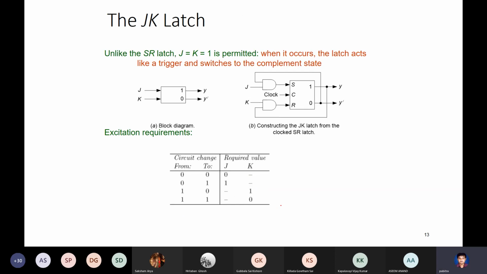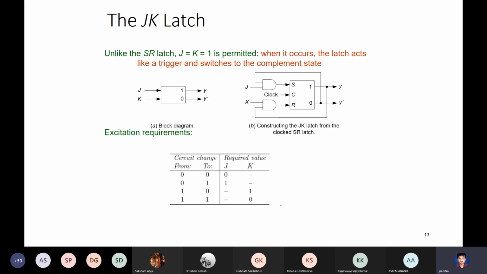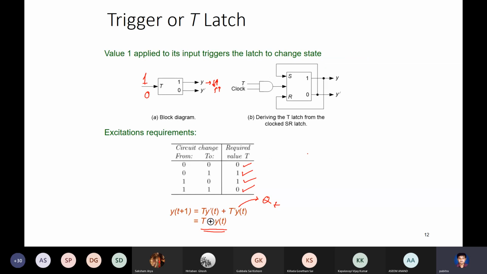By the way, I'm using the basic SR latch with some additional circuit. Sometimes you can realize these transition excitation functions by a circuit with feedback.